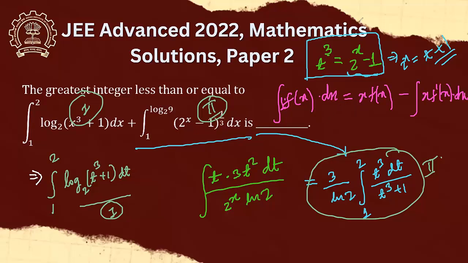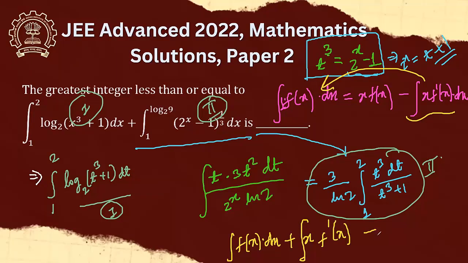So from here, if you rearrange, I get this property. I'll take this side, so that will give me the integral of f(x) dx plus the integral of x f dash x dx is equal to x times f(x). So I end up with this property here.